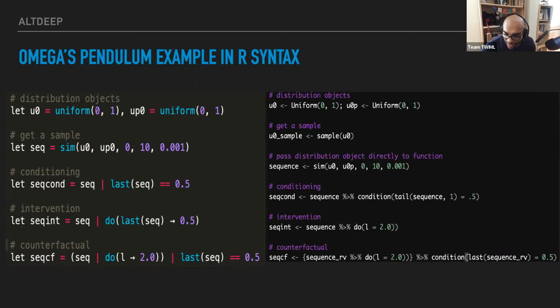I'm not really sure how to handle that. Maybe if I switch the order here, so if I condition the sequence, pipe it into a conditioning, and then pass that into the do, that's probably better. Let me just rewrite that actually.